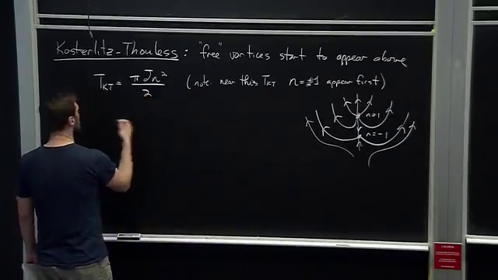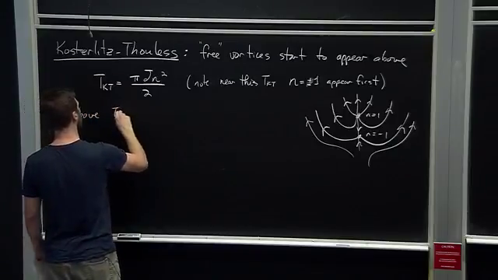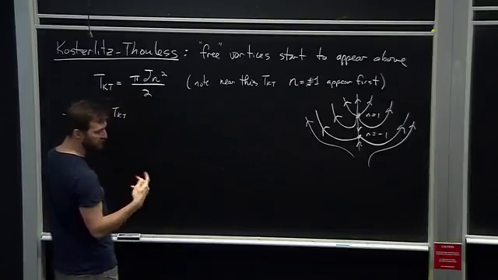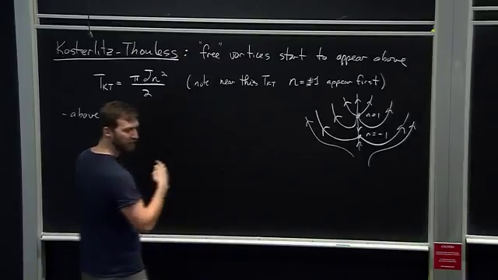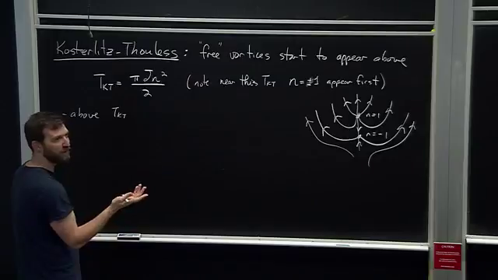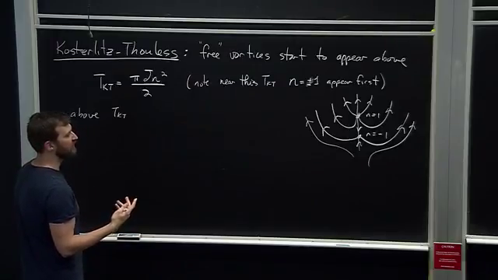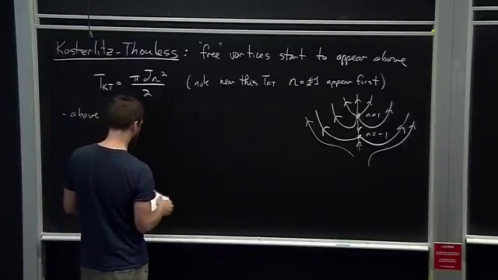Okay, above T_KT is easier. Above T_KT, we expect a proliferation of vortices. And these things kill all the long wavelength fluctuations, like the long wavelength spin waves, which we considered in the treatment of the nonlinear sigma model. So remember, this is sort of outside that long wavelength treatment.